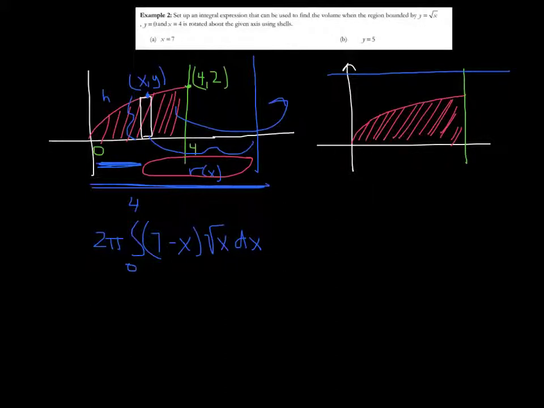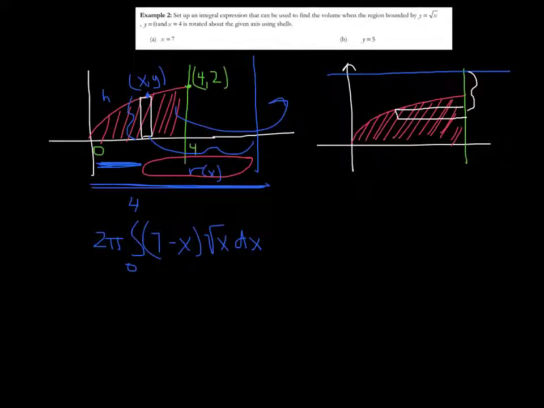Now if we had our choice here, I would probably use the washer method, but they want us to use the shell method. So we need to set up a rectangle that is parallel to the axis that we are rotating around. So it needs to be a horizontal, or dy, strip. And so once again, what is the radius? The radius is the distance from the axis that you're rotating around to the rectangle.